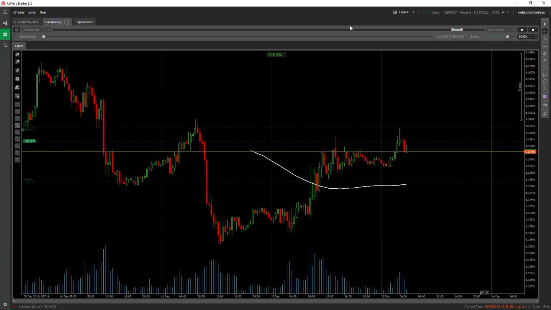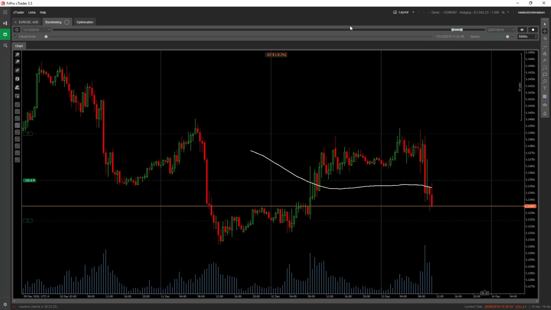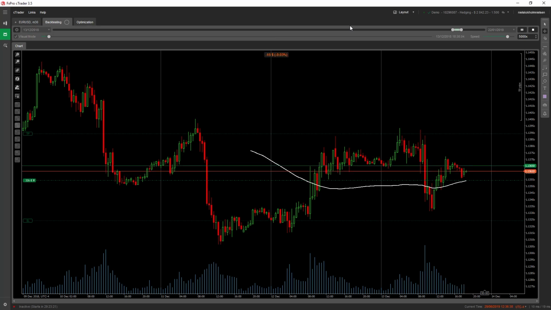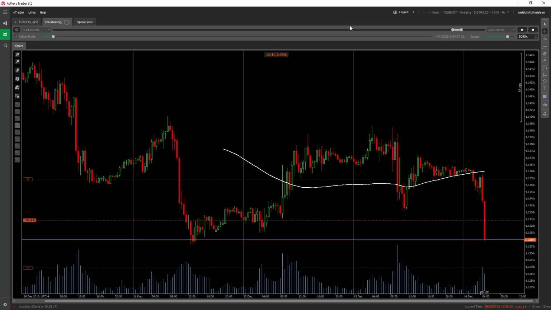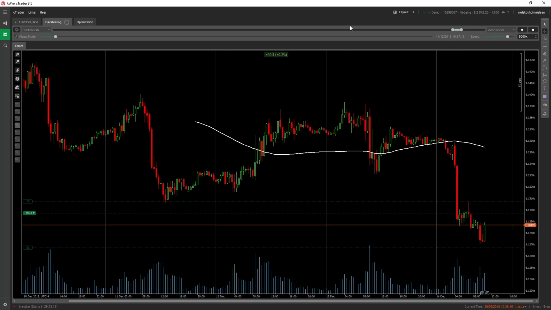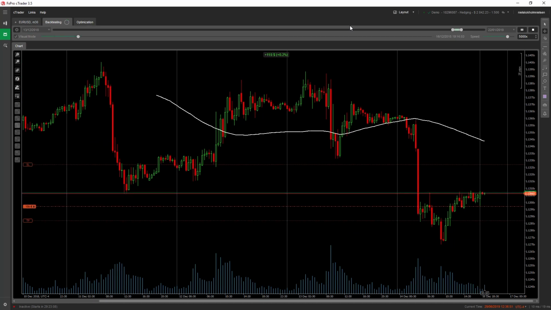So off we go, and we can now visually see the actual behavior of this robot, and that's what I wanted to show you. So I've configured a moving average, and on the trend side of things, when we open a trade above the moving average, we open a buy trade, and when we are below the moving average, we open a sell trade.